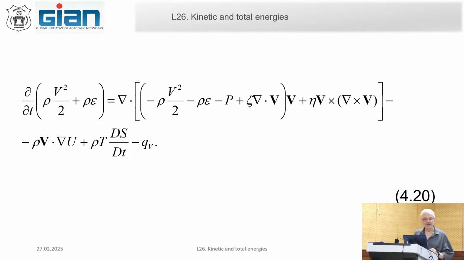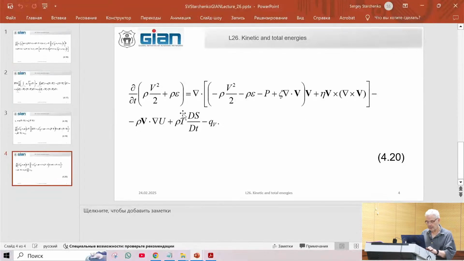But later, when I proceed to the excitation of the velocity field and convection, then of course I will go into more detail, because critical convection is one of the most important subjects which we should describe in some detail. But maybe there is some question about kinetic and total energy and other energies. If there is no question, let's proceed to another topic.